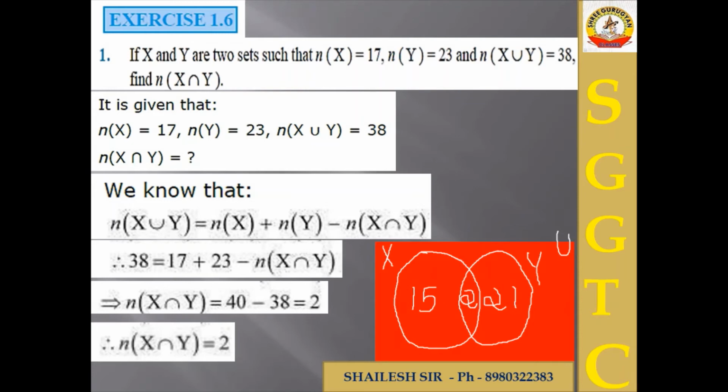And 15 indicates, why 15? N of x is given as 17, minus 2, you get 15 remaining. Same in the y portion, we have 23 given, but I already wrote 2, so the remaining number is 21. Students, here 21 indicates only set y and 15 indicates only set x.